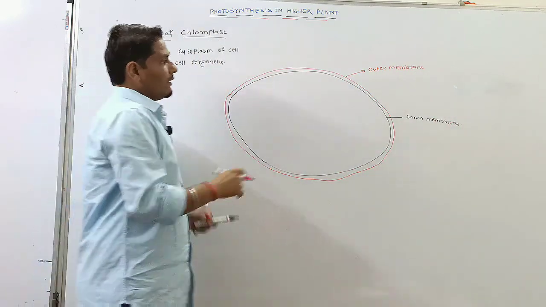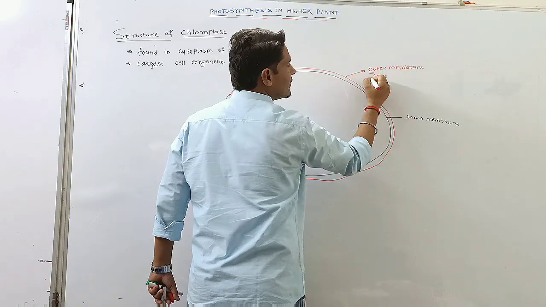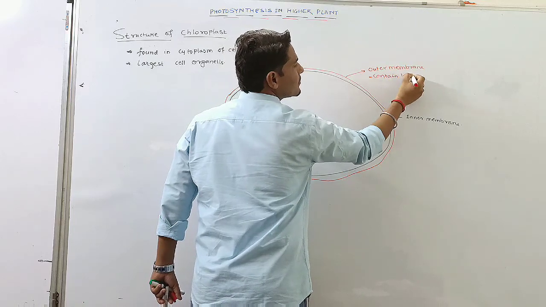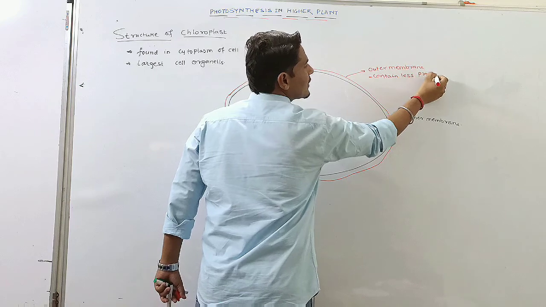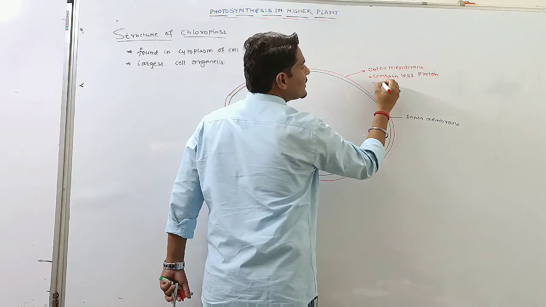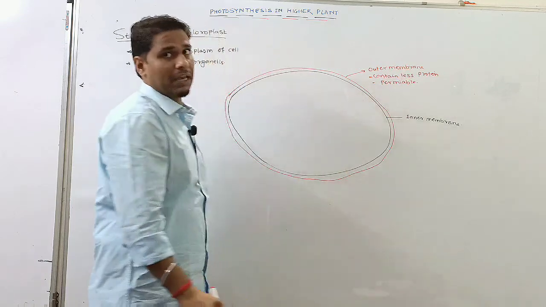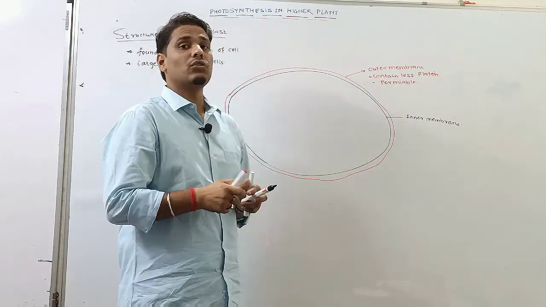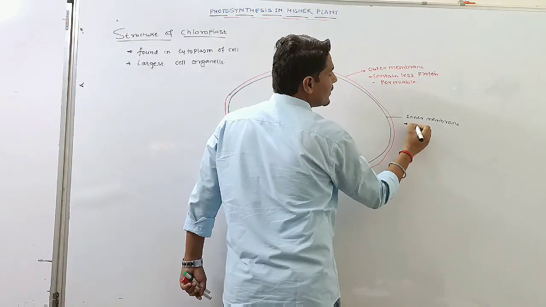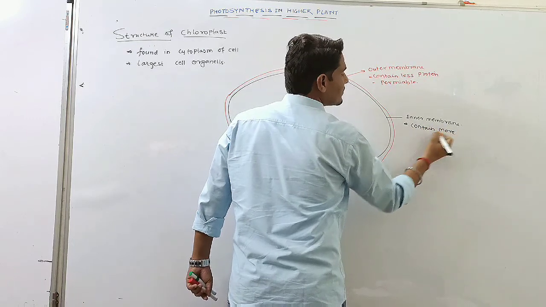So the outer membrane contains less protein, so it is permeable, meaning it allows all solute and solvent. But in case of the inner membrane, it contains more protein.